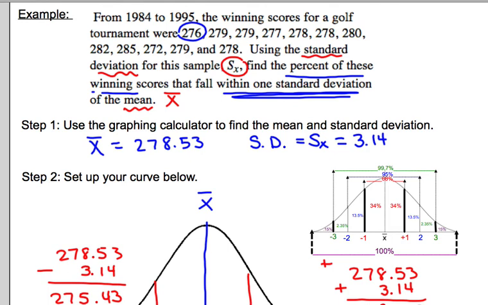So 276 would fall. 279, 279, 277, 278, 278, 280, 282, that one is too big. 285, too big. 272, too small. 279, 278 fall within those scores.